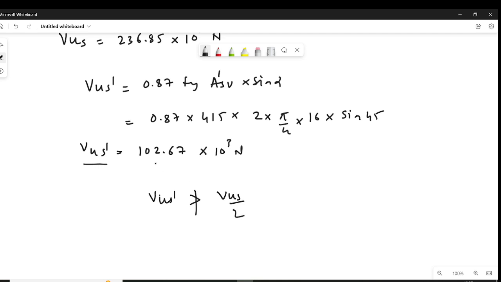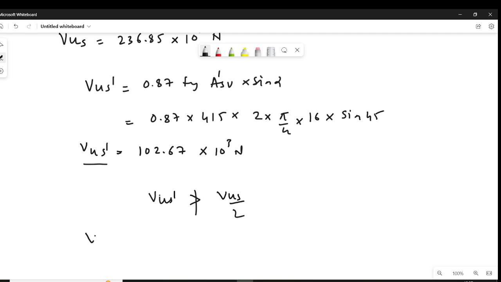So this is the value of Vus dash and this is the value of Vus, and 102 is not greater than half of this value. So whatever value of Vus dash we got, we can take it.